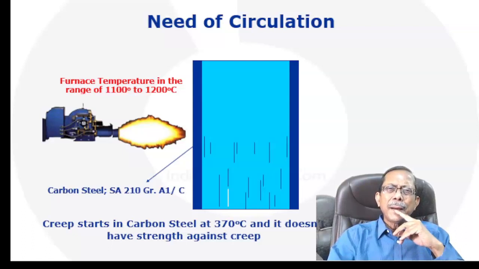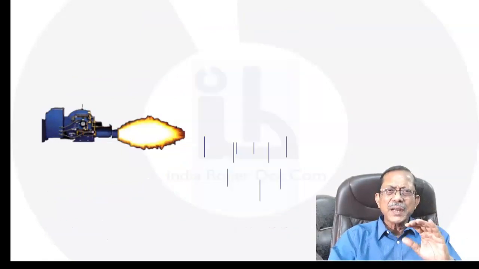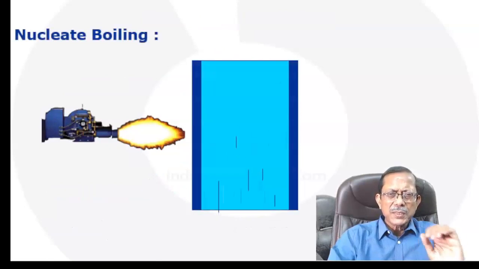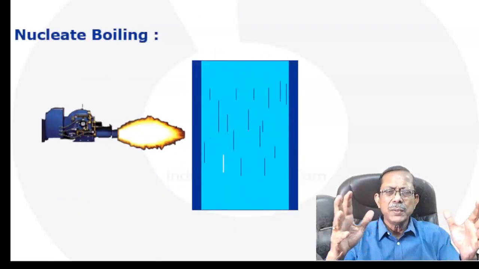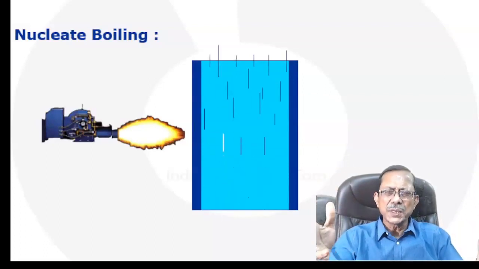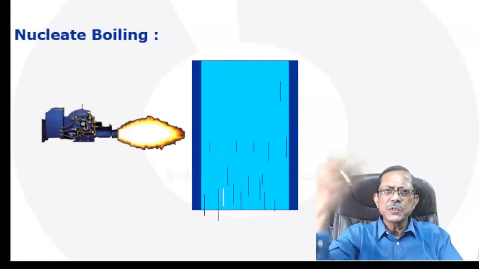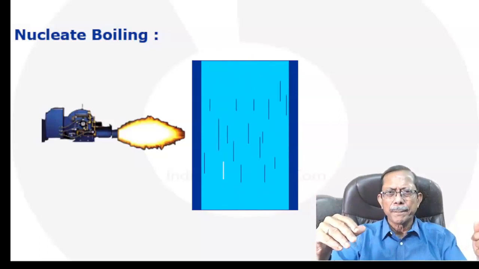Now, how does this component survive when it is exposed to such a high temperature, whereas the limitation is only 370-380 degrees centigrade? To understand that, we need to understand what is happening inside the tube. Inside the tube, it is basically the water which is at saturation temperature, because steam is forming for the drum, so naturally the water has to be at saturation temperature.